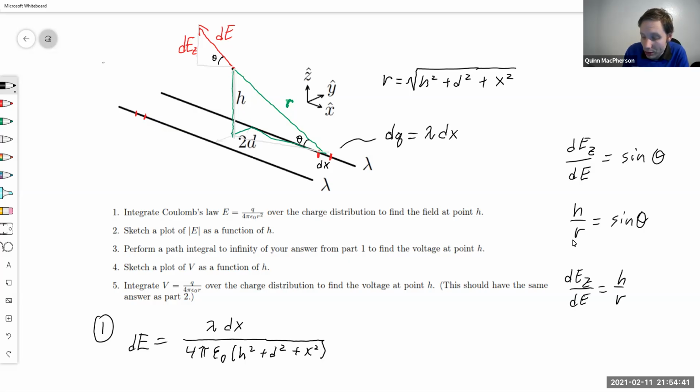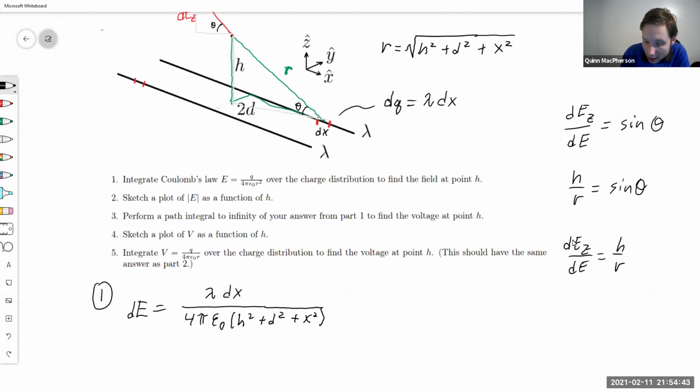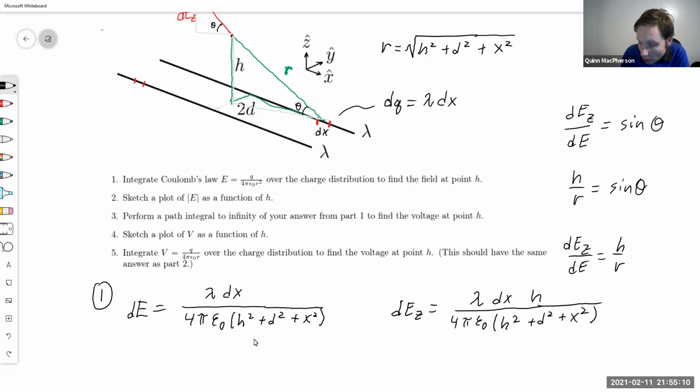Since we want the z component, we get dEz is equal to dE, which is this whole thing here. So let me put that in: lambda dx over 4 pi epsilon naught, times the whole thing in parentheses, h squared plus d squared plus x squared, times h over r.